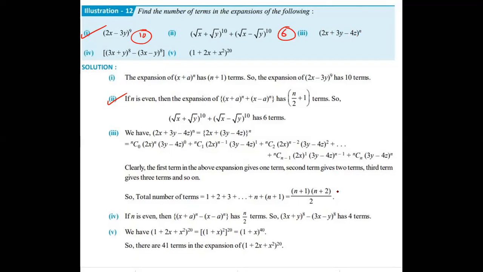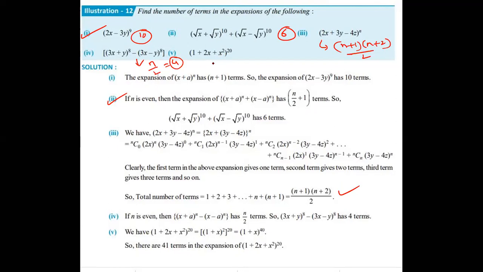This is the formula. (n plus 1) into (n plus 2) by 2. What about this case? Minus is the middle one. Now what is the formula? That is only n by 2. Answer is 4.